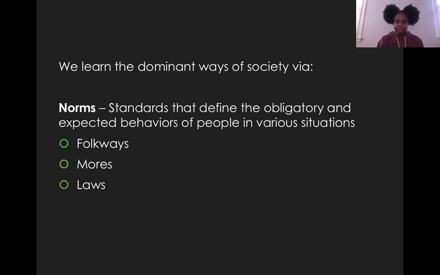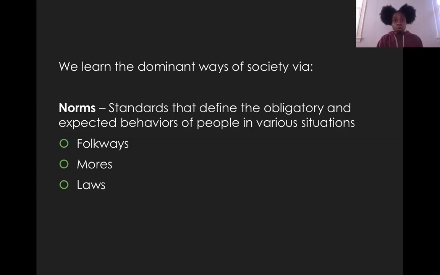So the folkway is our least formal type of norm. It's an informal norm. It's a type of norm that we should or should not abide by. However, there is no severe type of reprimand or punishment for not following a folkway. So there's little to none.